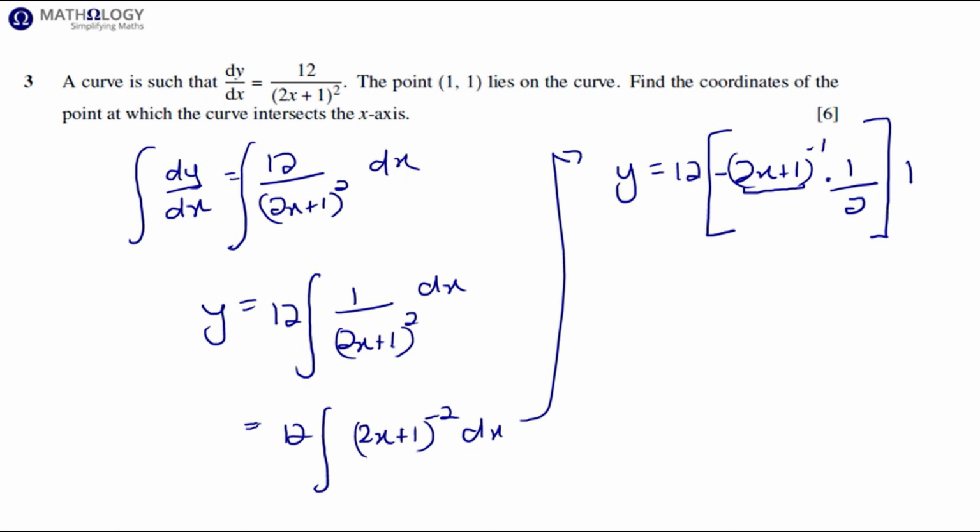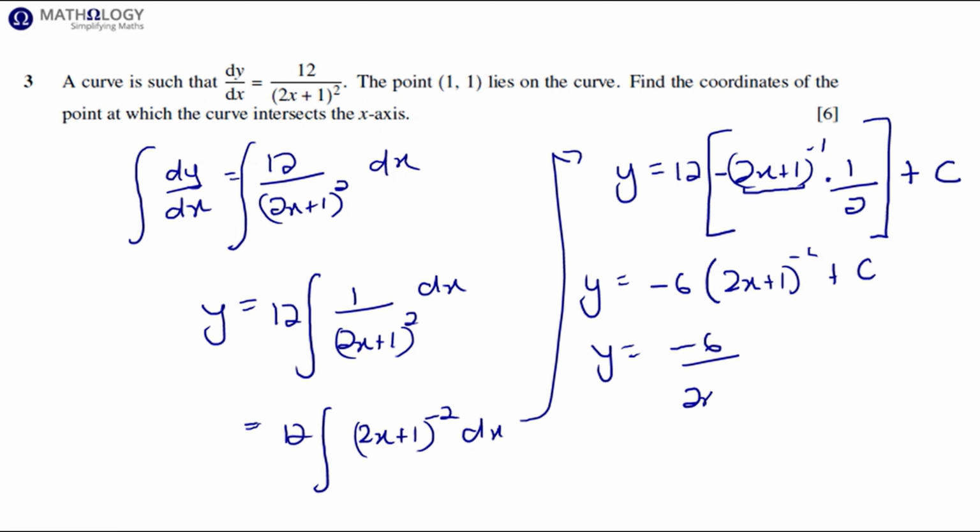And then we also add the integration constant c. So y equals 12 divided by negative 2, which is minus 6, times (2x plus 1) to the minus 1 plus c. We just write that as minus 6 over (2x plus 1) plus c.